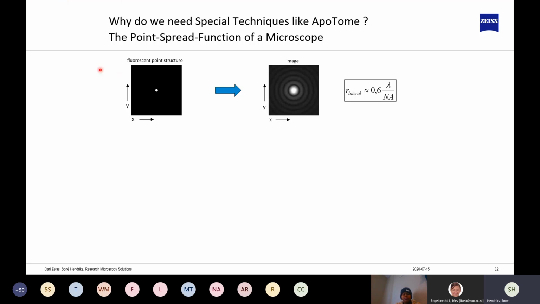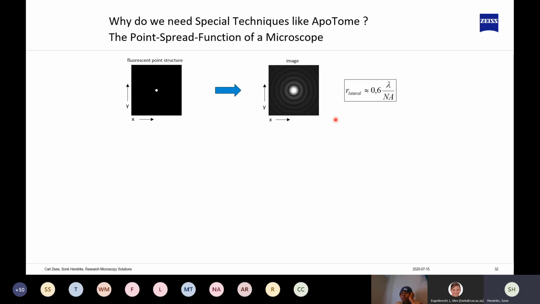If I put any, let's call it a micro dot, or a fluorescent point structure, there is my sample. If I put this under the microscope, then unfortunately, the right-hand picture is the reality of what I will see. You see a very bright dot in the middle, and then these concentric light rings coming out of my sample.